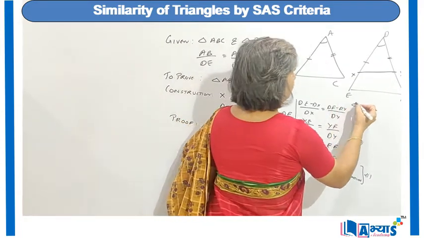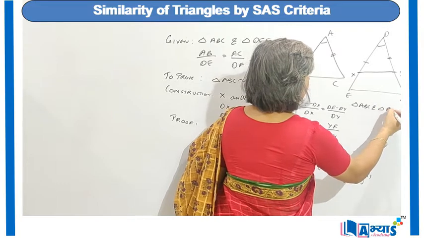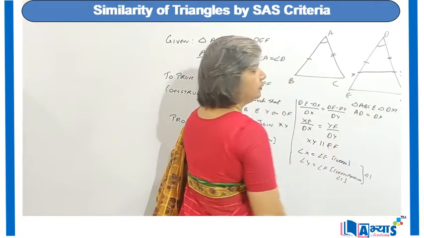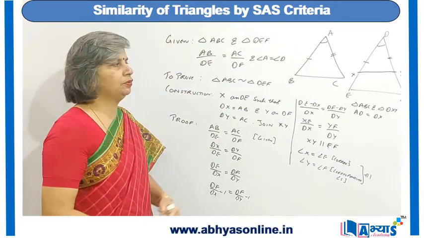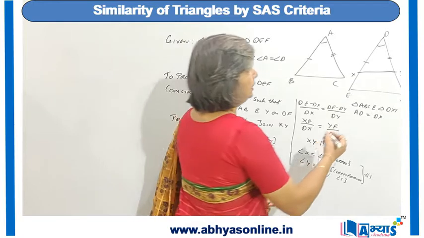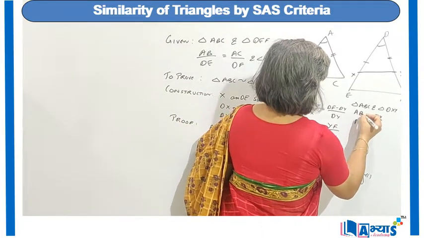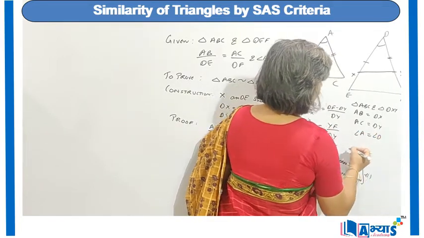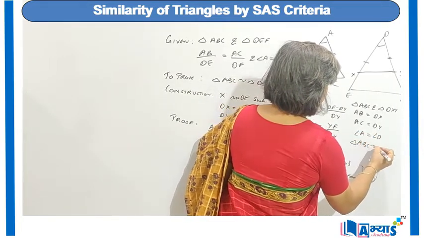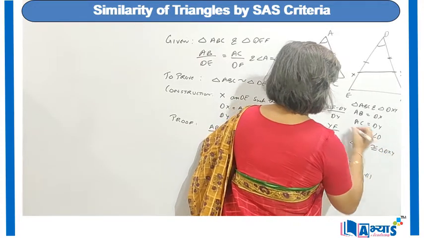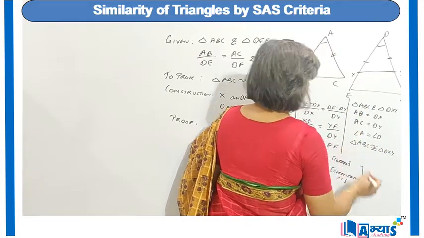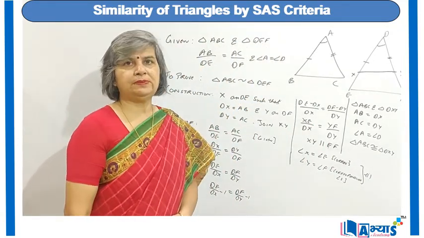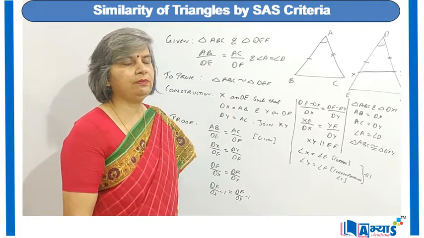Now in triangle ABC and triangle DXY, AB is equal to DX by construction, and AC is equal to DY by construction.